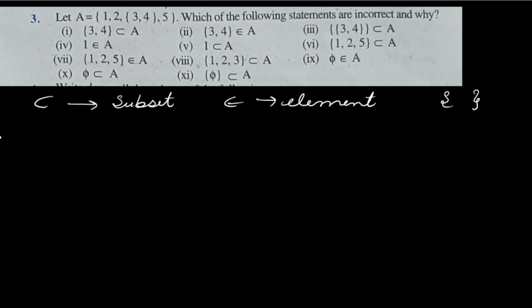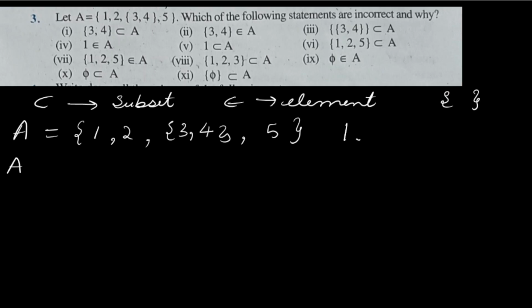So once set A is given to us, set A is equal to {1, 2, {3, 4}, 5}. So the elements are 1, 2, and one set is also an element of this set A, then 5. If I have to write the elements of A individually, for better understanding, I am just writing elements of A simply, not as a set.